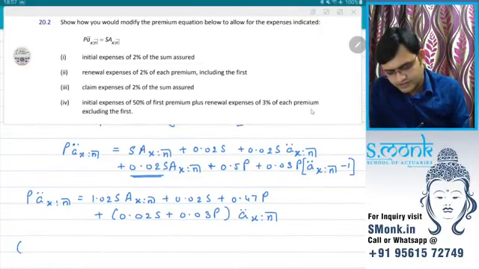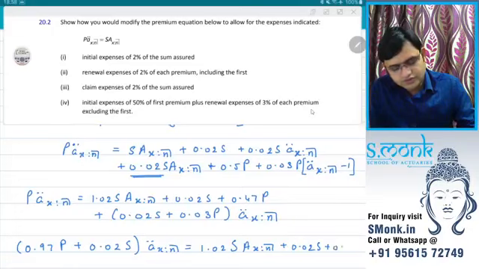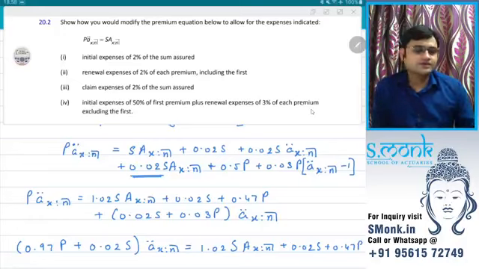So finally I will get P minus 0.03 P, 0.97 P, plus 0.02 S a-due x:n must be equal to 1.02 S A x:n plus 0.02 S plus 0.47 P. This is how we will rearrange our equation.